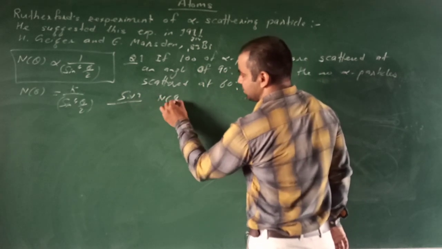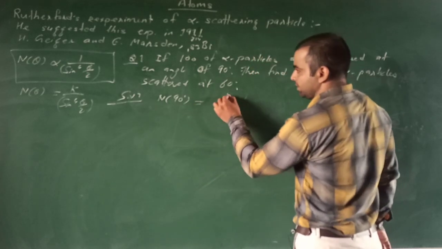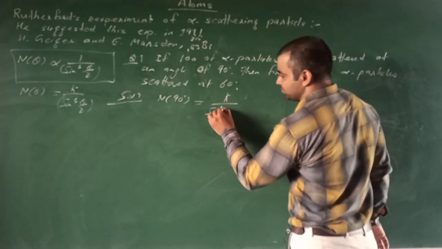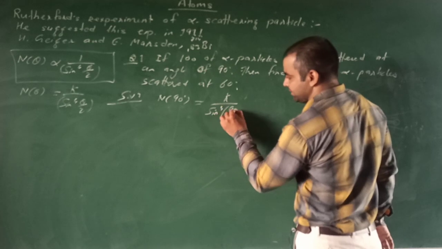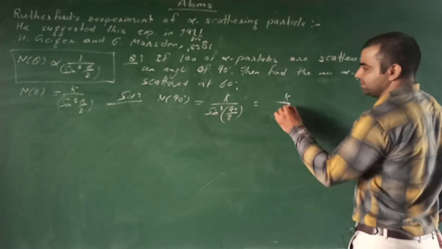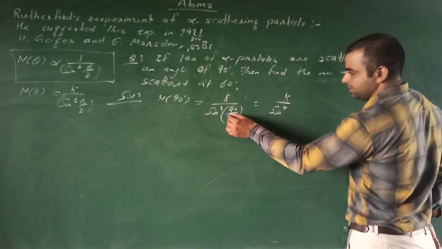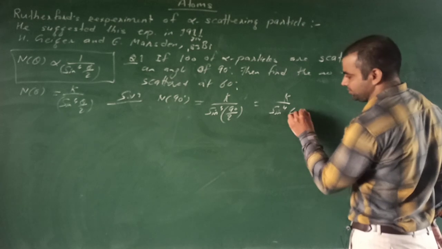N at 90 degrees is k by sin raised to power 4 of theta by 2, with theta 90 degrees, so it will be k by sin raised to power 4 of 45 degrees.